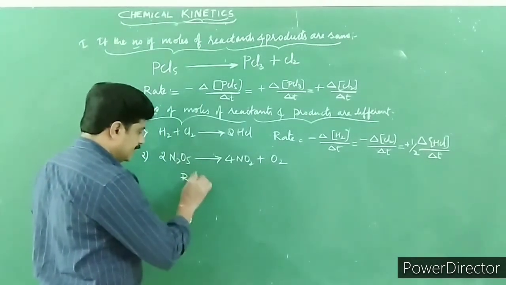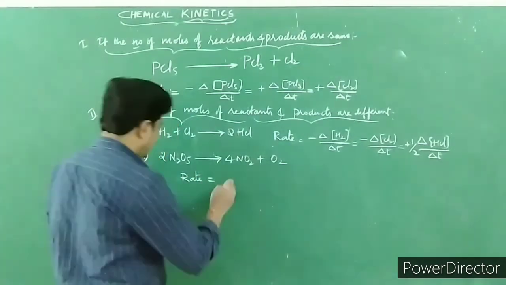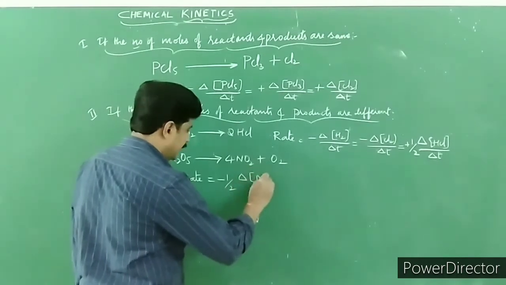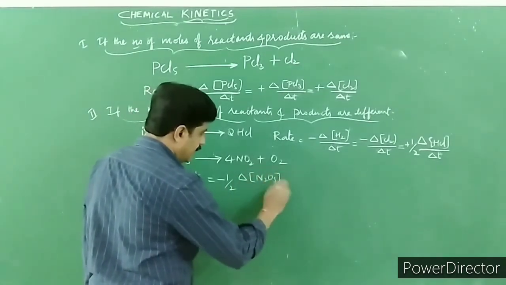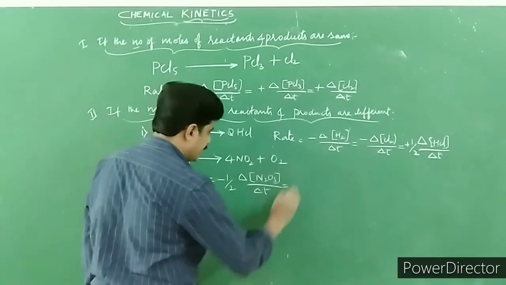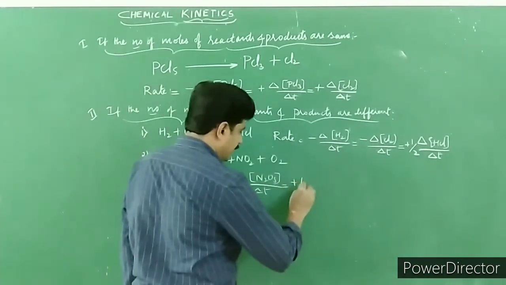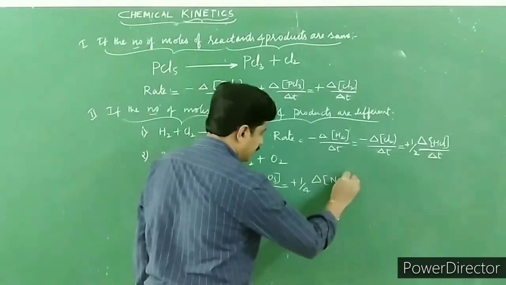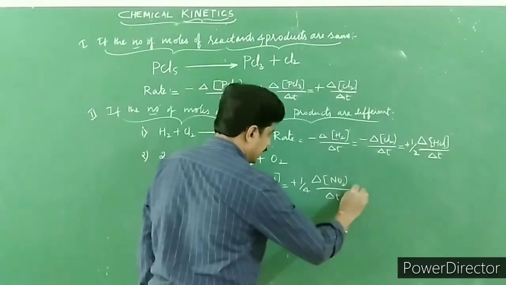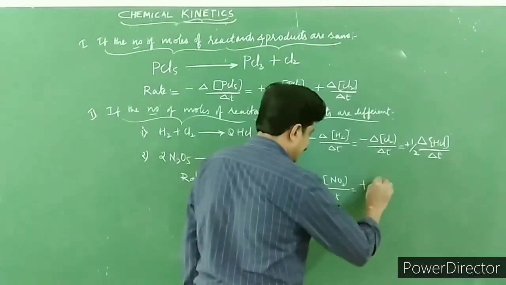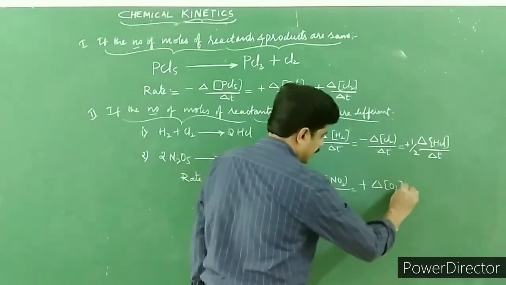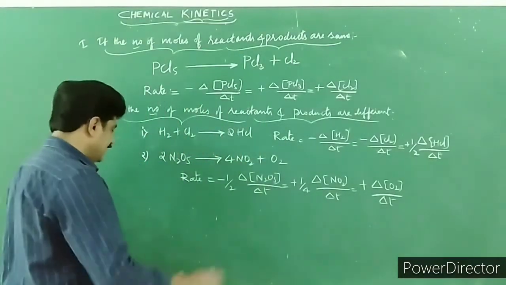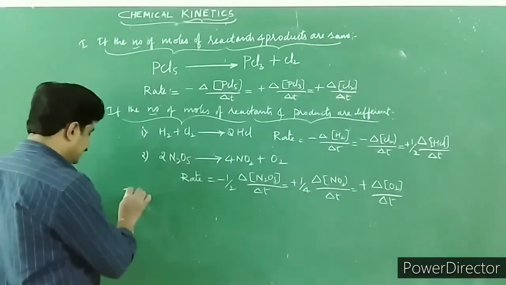A rate is equal to minus 1 by 2 delta concentration of N2O5 upon delta T, that is equal to plus 1 by 4 delta concentration of nitrogen dioxide upon delta T, that is equal to plus delta concentration of oxygen upon delta T.